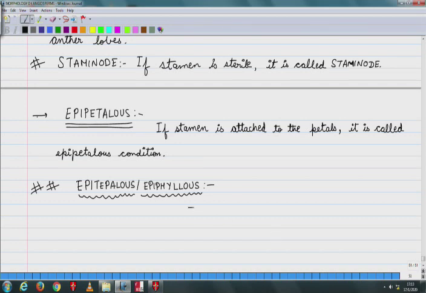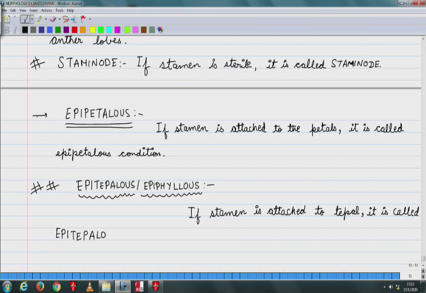So if the stamen is attached to the tepal, it is called epitepalous or epiphyllous condition.